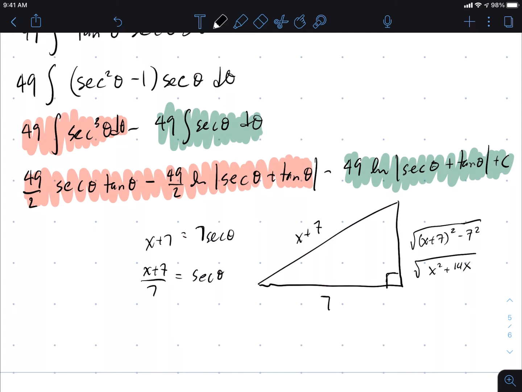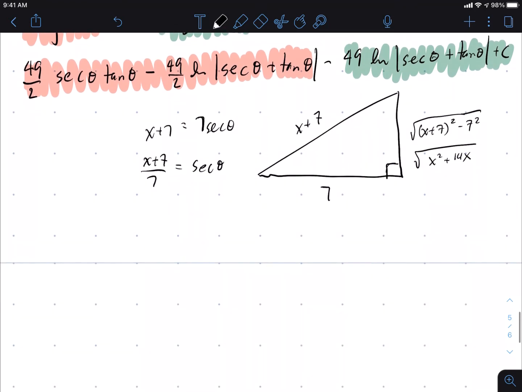Cool. All right. So I'll skip so we don't get it cut off by that page. So we're going to get 49 over 2. Secant is going to be that x plus 7 over 7.